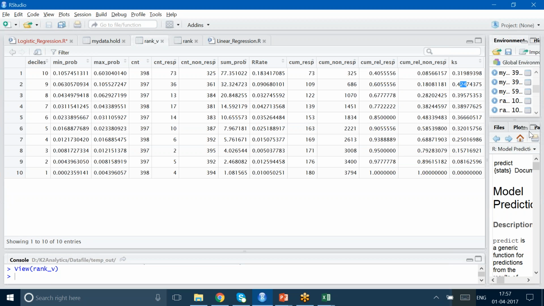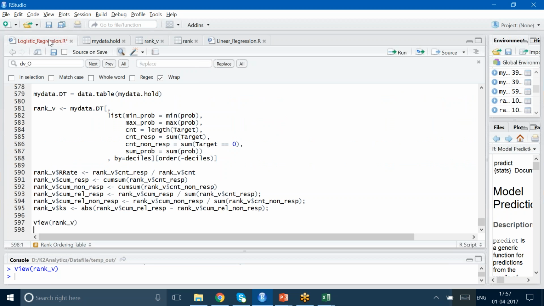Believe me, it's not that easy to build a model. By now you would have realized how many times I have gone up and down in my code to run certain steps, and this iteration has to happen. We are only handling 8 variables. First we have to find out which variables to drop.